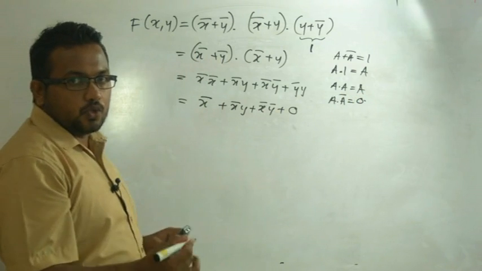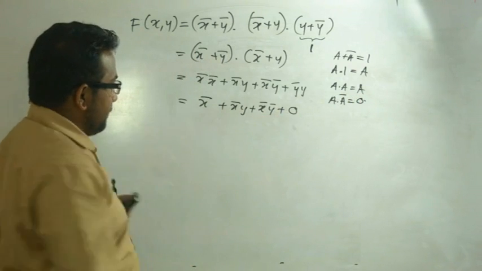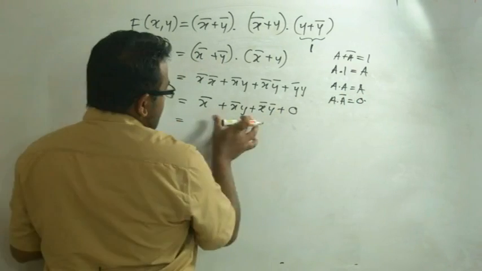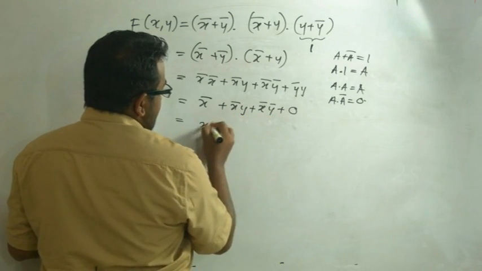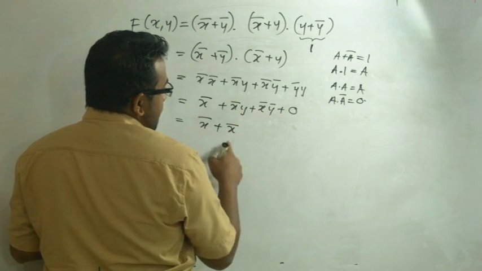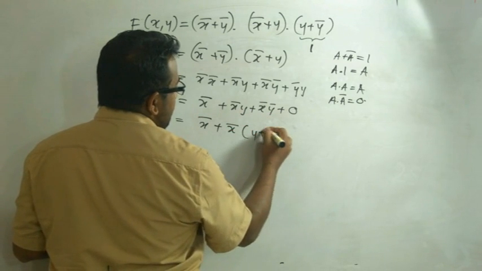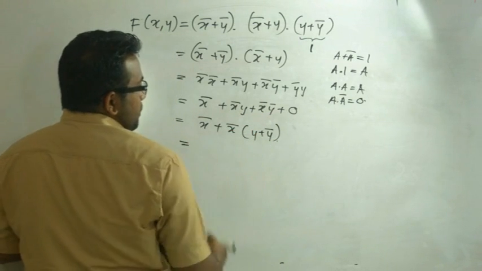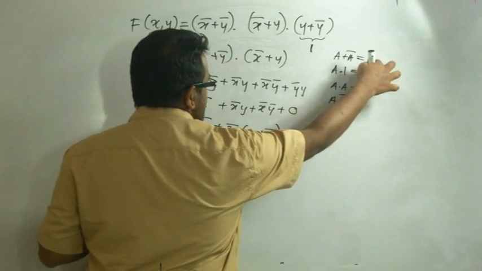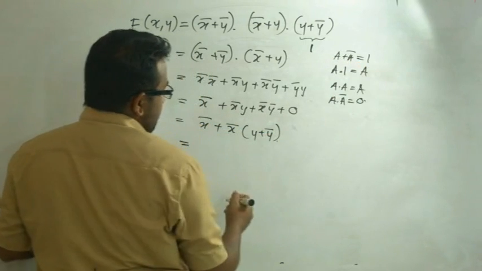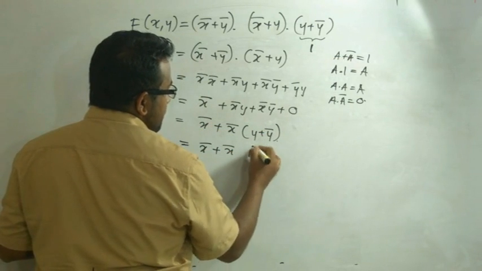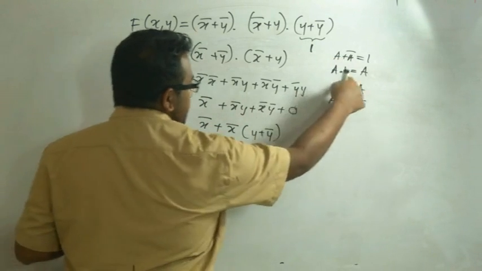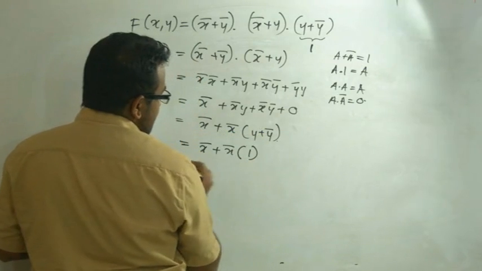So you do not want to consider this 0. And here if we take out x bar, we will end up with y plus y bar. So again A plus A bar equals 1, which means x bar into y plus y bar means 1. So A into 1 is A, x bar into 1 is x bar.